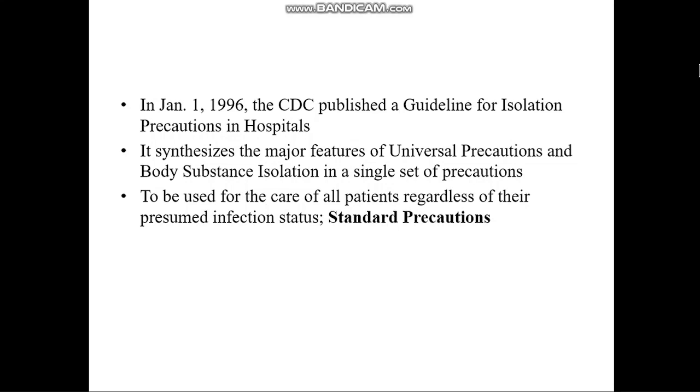It was to be used for the care of all patients regardless of their presumed infection status. It was called standard precautions. Standard precautions apply to all body fluids, blood, body fluids, and all secretions and excretions except sweat.